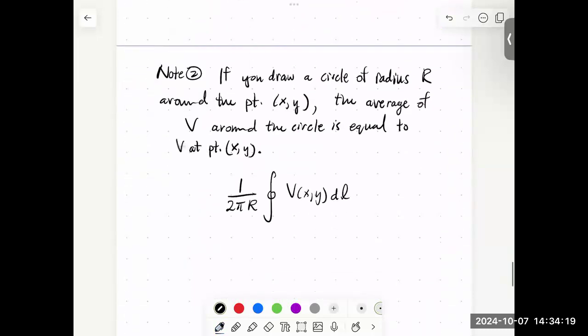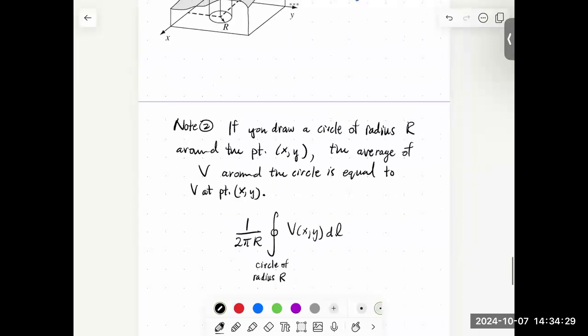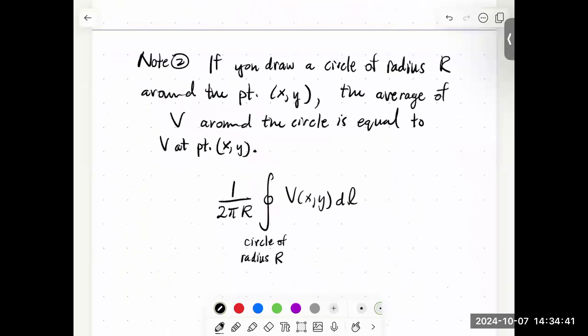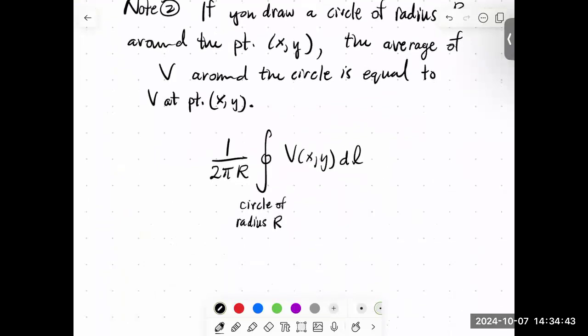And this integral is over a circle of radius r. So in this picture, you can see the circle of radius r is projected down into that xy plane. So that's the circle of integration. And it doesn't matter what the radius of that circle is. It could be a small radius, a large radius, as long as it's defined in our region of our solution, this will always work.